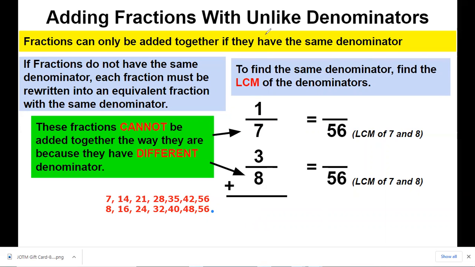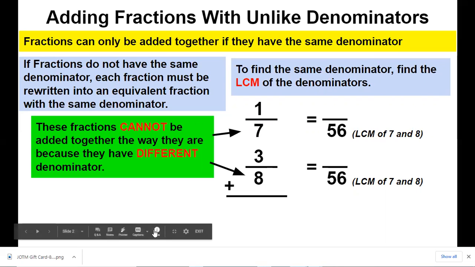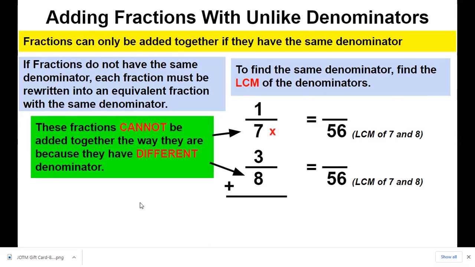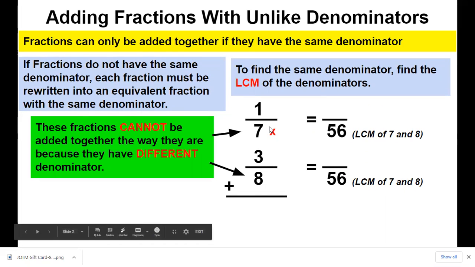Right here is coming from 56 and 56. Okay, once we have that, now we have to say 8 times what gives me 56. Starting at the top, 7 times what is 56?